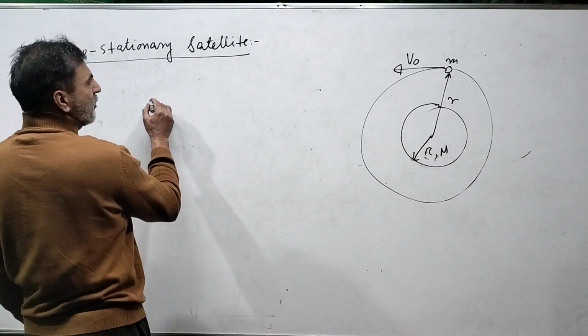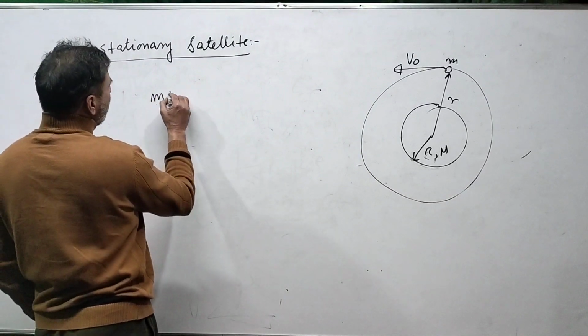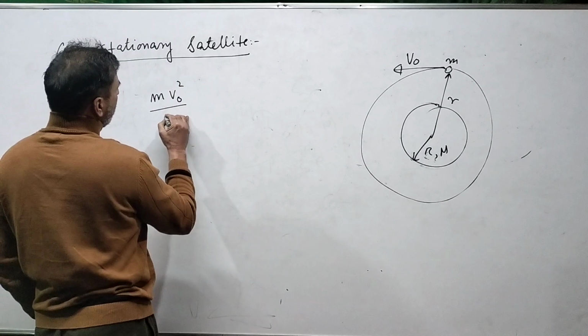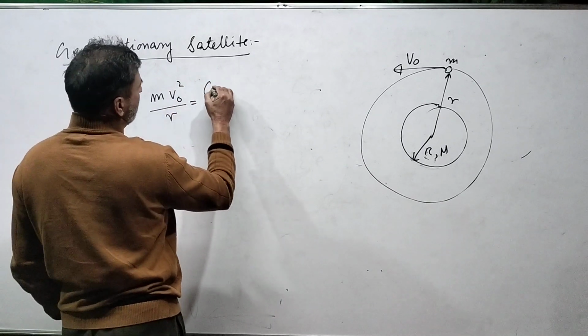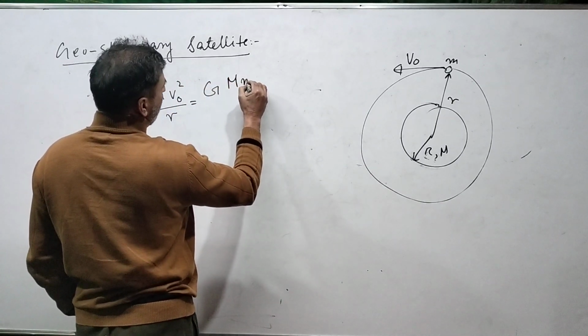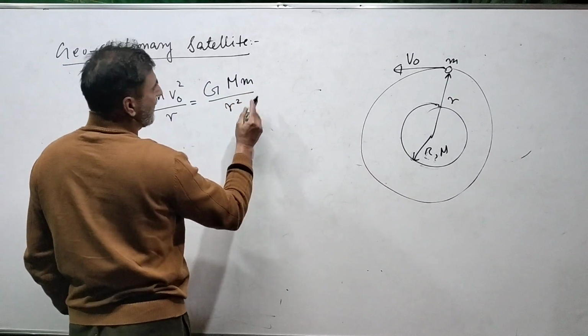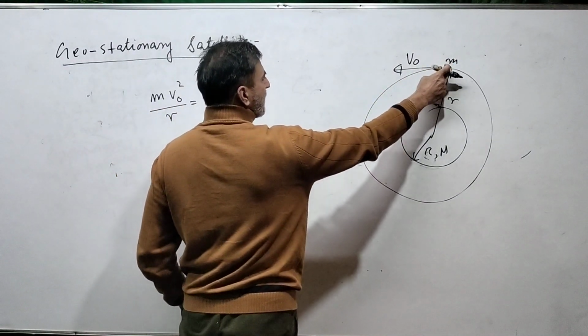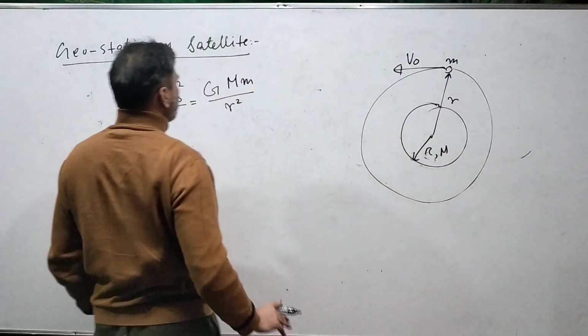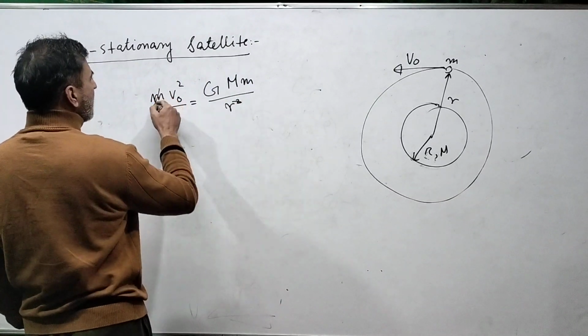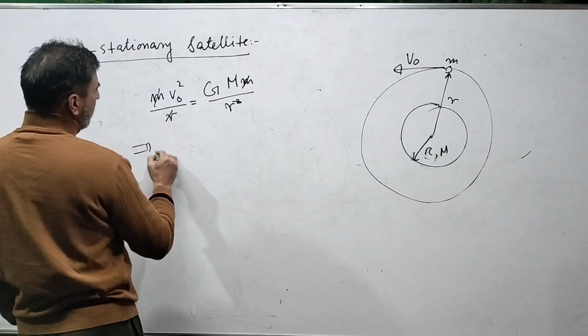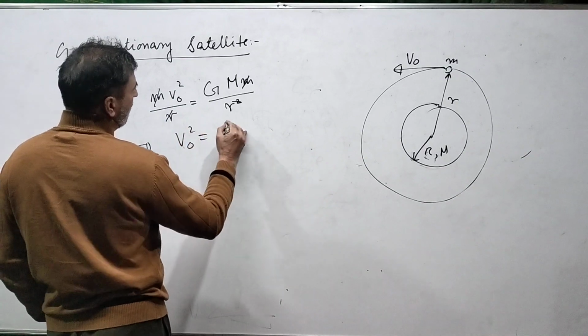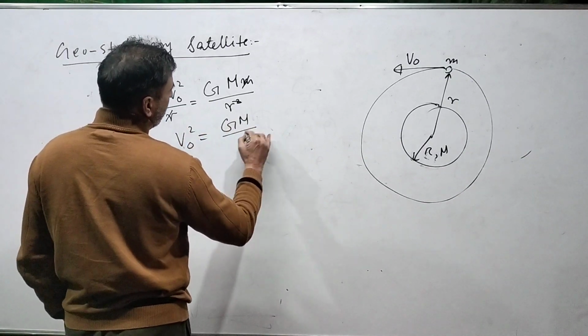Obviously, the centripetal force is provided by the gravitational force, GMm by r square. Small m gets cancelled, and we write v0 square is equal to GM by r.